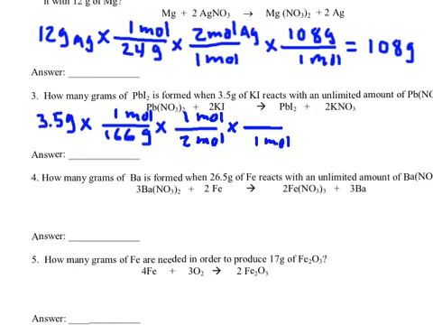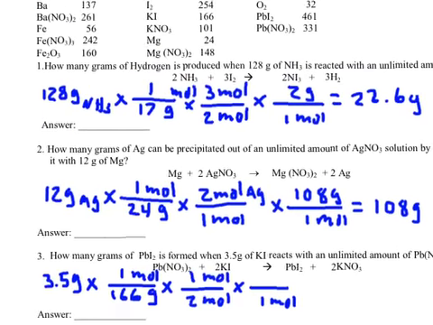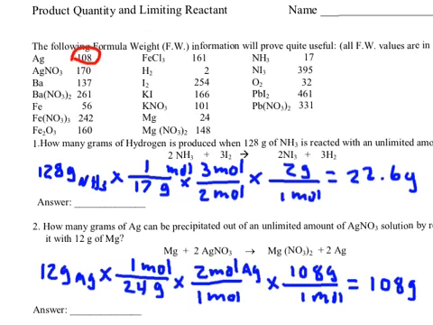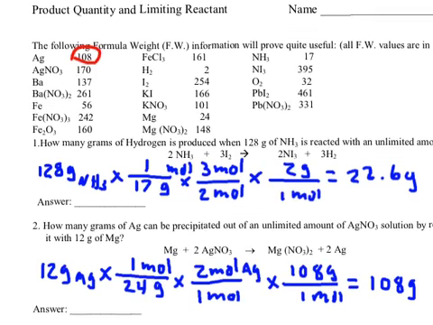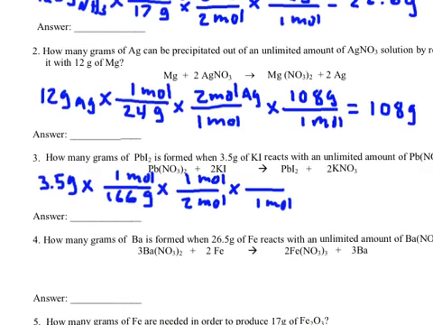I've got to look up at the top and see what that is. PbI2 is probably pretty massive, I would bet. PbI2. Ooh, my goodness, look at that. It's 461 grams per mole. Going to multiply that through, I'm going to get 4.86 grams of PbI2 that are formed. By the way, we did this one a lot. The PbI2 is the pretty yellow stuff we made.